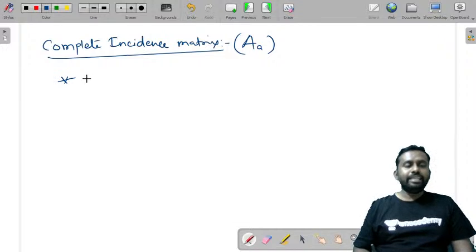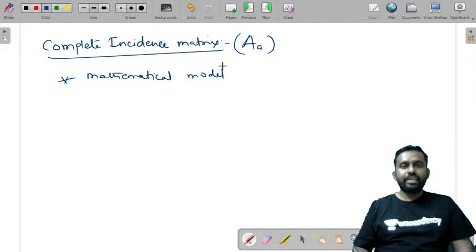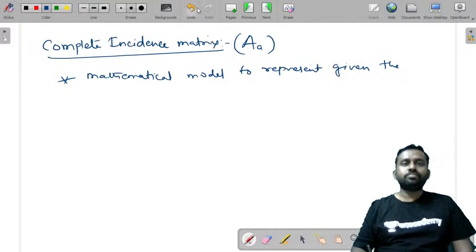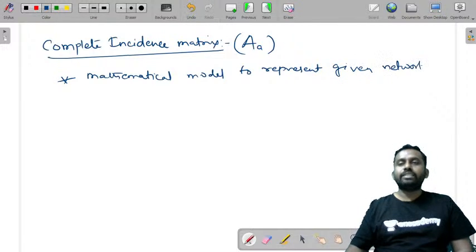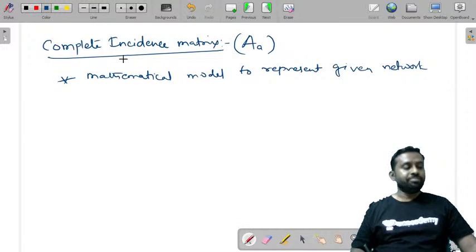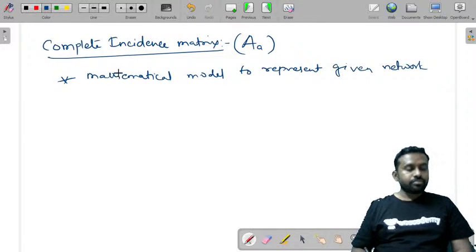The complete incidence matrix is a mathematical model to represent the given network.